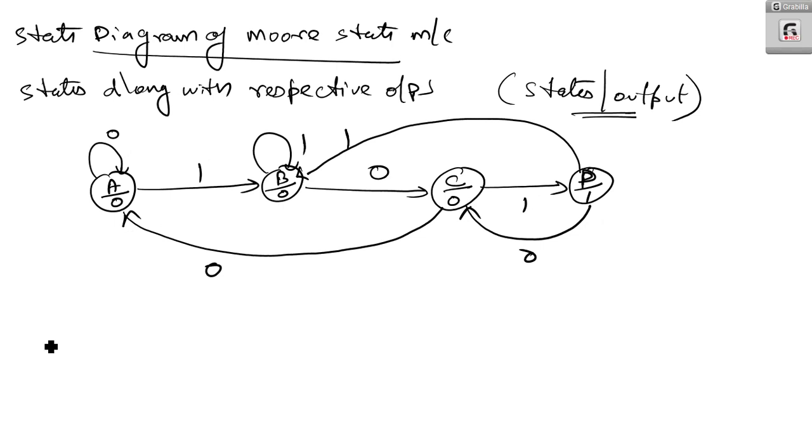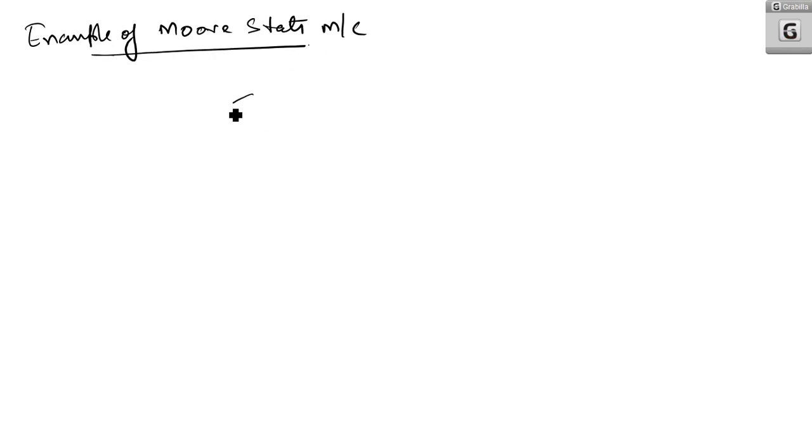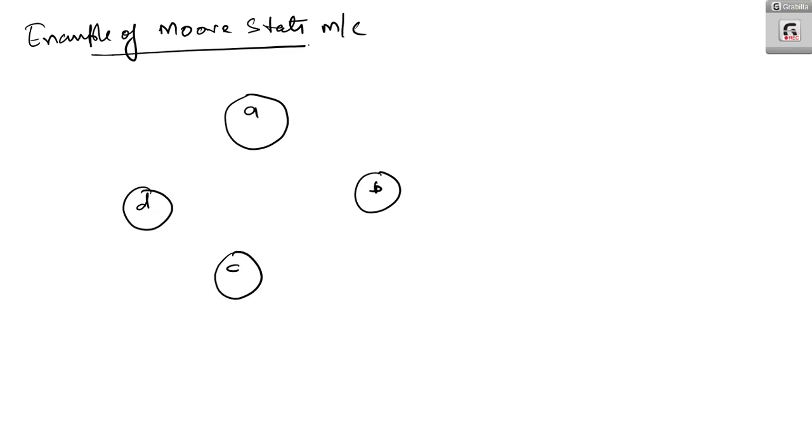Okay. So drawing another example of a Moore state machine, I am having 4 states, A, B, C, D. A and B have output 0, C I am taking as 1, D I am making 0.